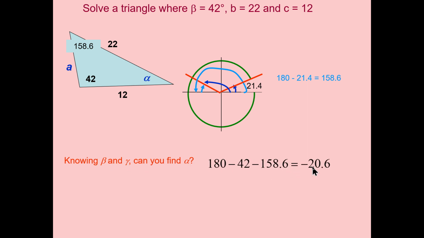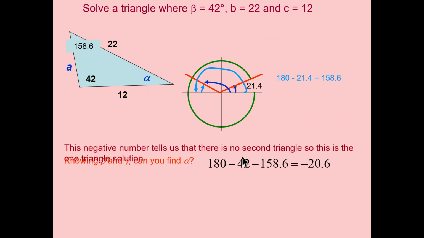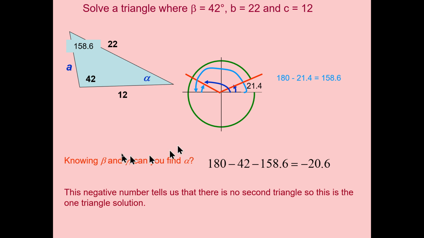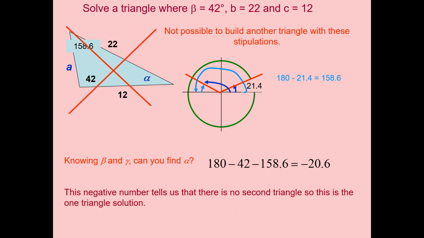And in this case here, we have a negative number for alpha. The negative number tells us there's no second triangle, and this is a one triangle solution. It's not possible to build another triangle with these stipulations on it.